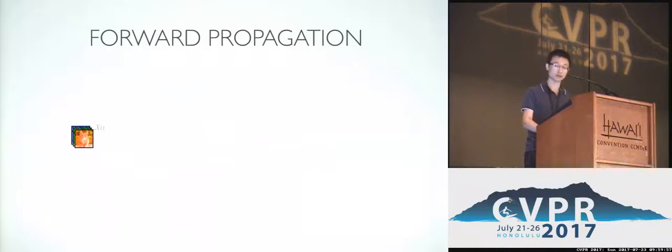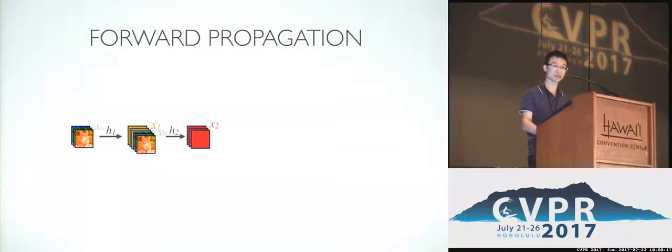Now let's take a look at how the features are generated and used in the DenseNet. We have the original input x0, and we pass it through the first layer, which corresponds to a nonlinear transformation h1, and we obtain the feature x1. Now we concatenate x0 and x1 and use the second layer to generate the output for layer 2.